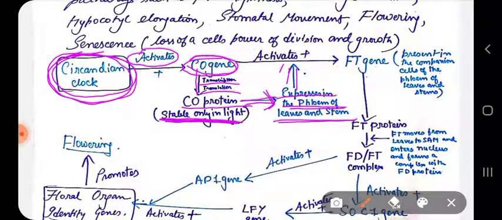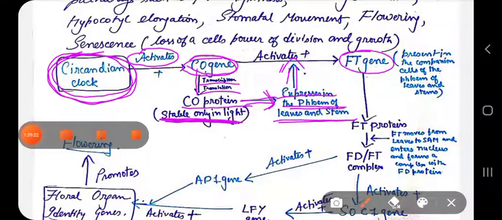CO protein is going to activate the FT gene. Well, FT gene is present in the companion cells of the phloem of leaves and stem. Again, I repeat, CO protein is going to activate the FT gene.